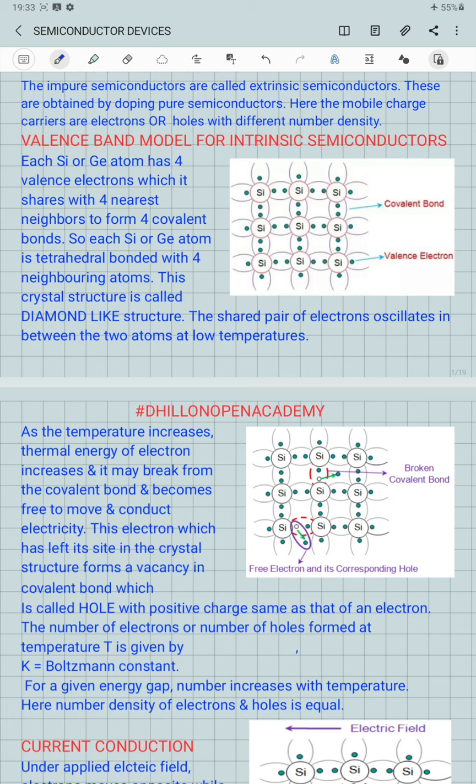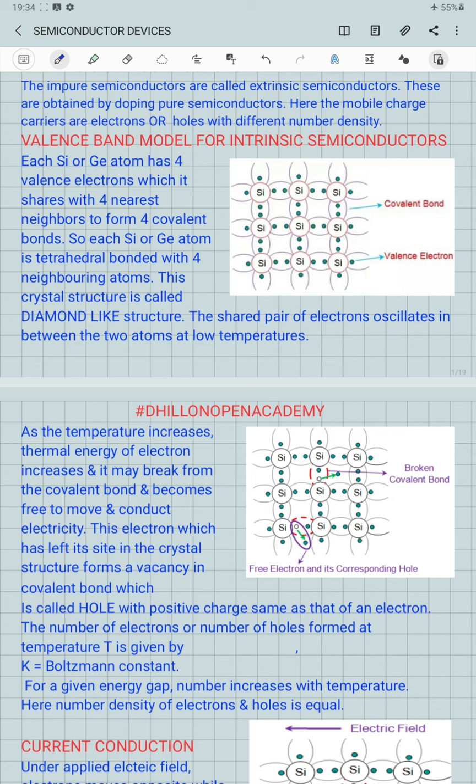This electron, which has now left its site in the covalent bond in the crystal structure, is itself available for the conduction of electric current, but it has created a vacant space at its place inside the covalent bond from which it has come out.